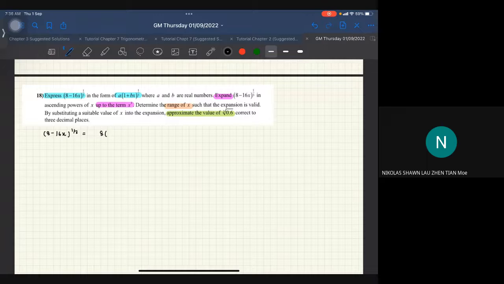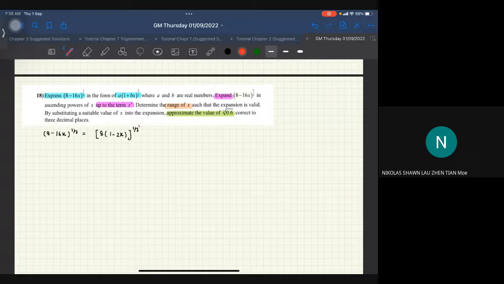And then apa yang tinggal dalam bracket is 1 minus 2x, like this. Okay, so jangan careless. 1 over 3 ni adalah kepunyaan this whole expression. So bila awak dah tukarkan yang ini jadi yang ini, awak jangan lupa buat satu bracket besar, letak 1/3 dekat luar. Okay, settle.